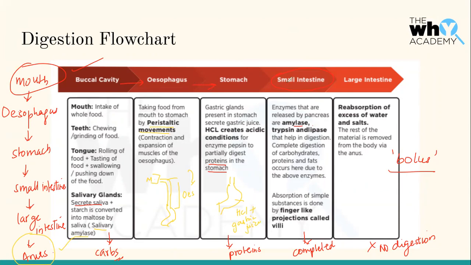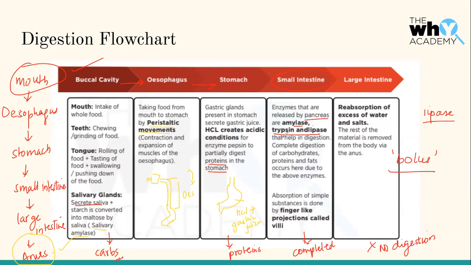Enzymes that are released by the pancreas are amylase, trypsin, and lipase. It's just lipase. Amylase is for starch, trypsin is for protein, and lipase is usually for fats. I'm trying to think of a way to help you remember.